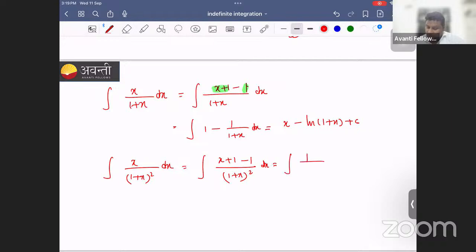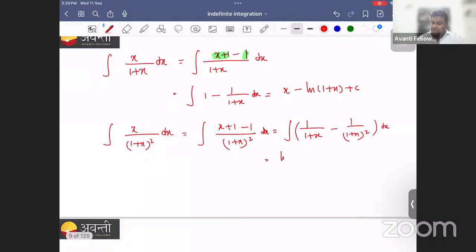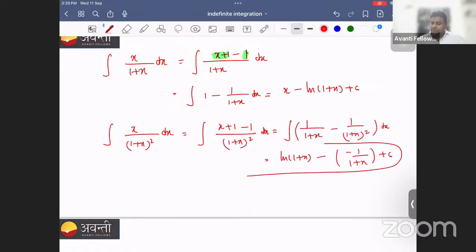So it will be 1 over 1 plus x minus 1 over 1 plus x whole square dx. Now the integration of 1 over 1 plus x is ln of 1 plus x, and of 1 upon 1 plus x whole square is minus 1 upon 1 plus x, plus constant. This is your answer. Got it?